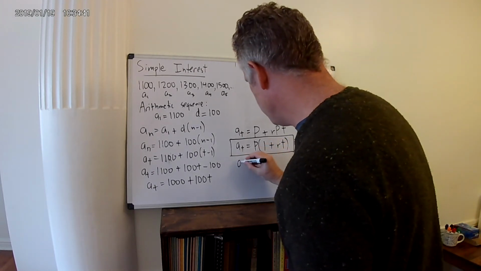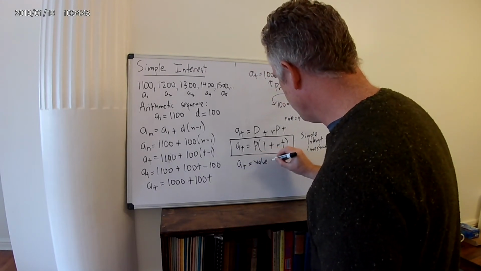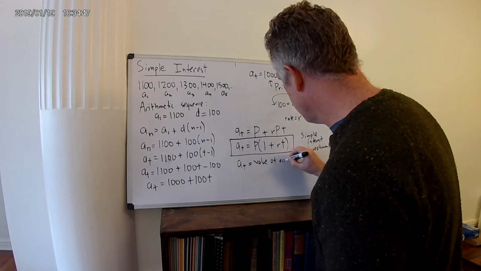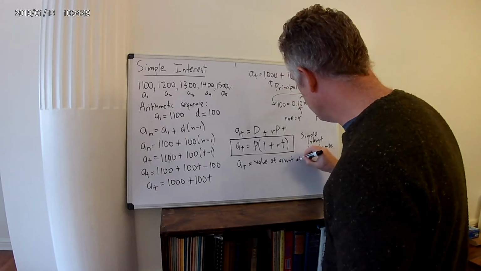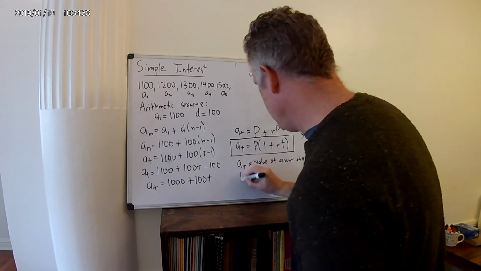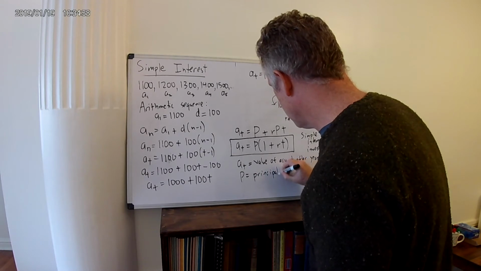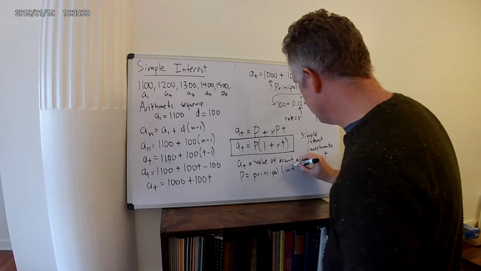Let me write down what these symbols mean. A_t is the value of the account after year t, and P is the principal. In other words, it's the initial investment.